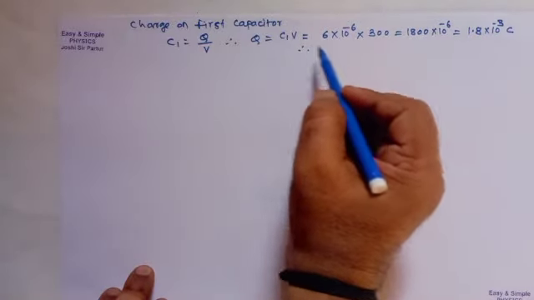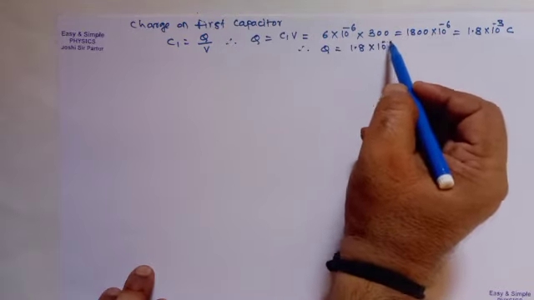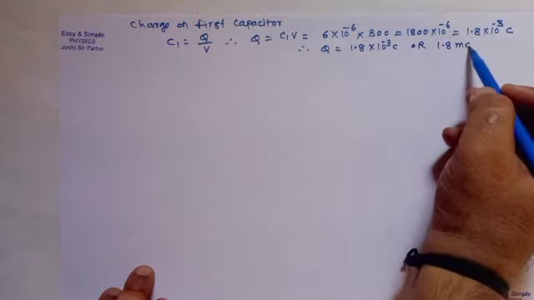So the charge will be 1.8 into 10 raised to minus 3 coulomb or 1.8 millicoulomb.